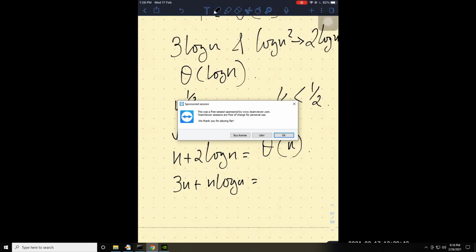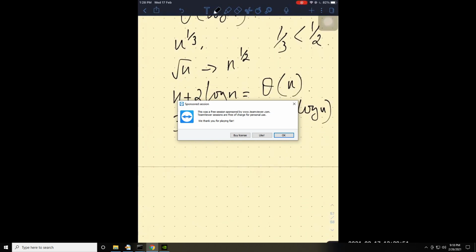So the runtime of this one is theta of n log n. Then we get 4 to the power log n base 2. It comes out to be, so this is one property of the log where you can exchange them. So this one is basically n squared.